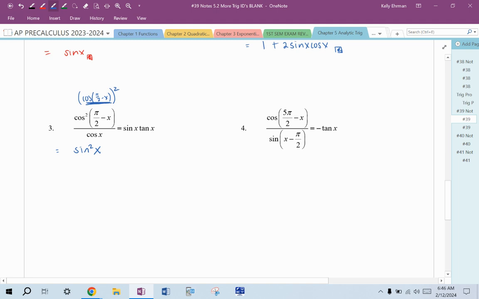It's just that you get sine squared over cosine x. These identities hopefully feel pretty basic compared to what we just did over the last couple of days. So sine squared is like sine over cosine times another sine. We're supposed to show sine times tangent, so I'm going to put sine x first, and sine over cosine is tangent.